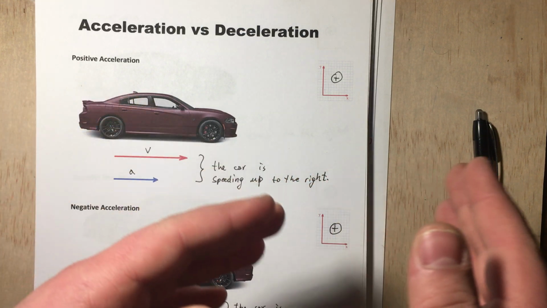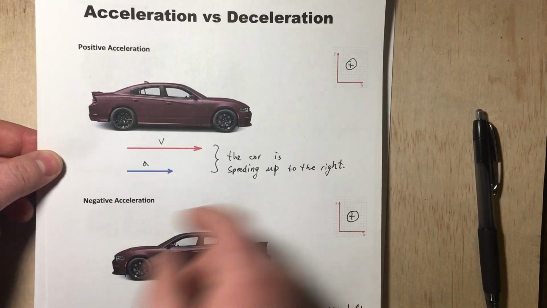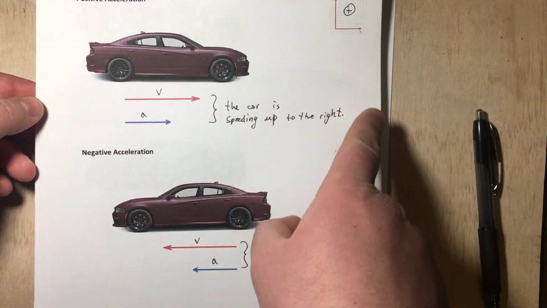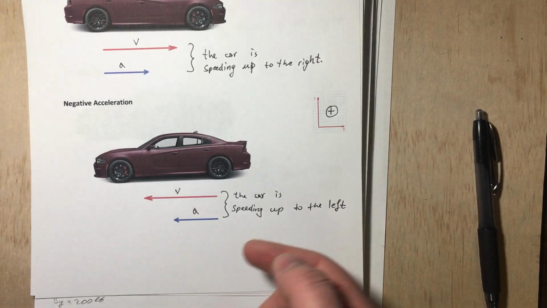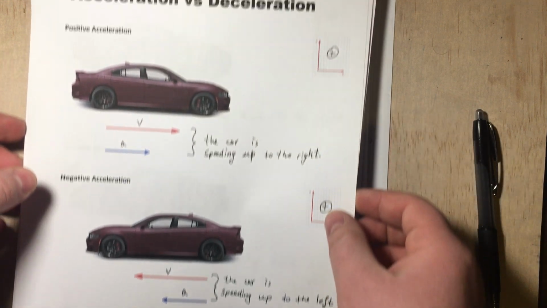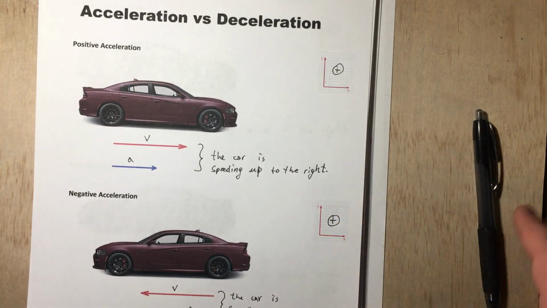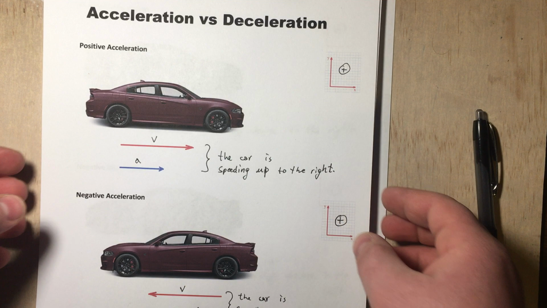Depending on whether it's going to the right or to the left, we're going to look at the direction of those vectors. So in this case, we had both of them pointing to the right, so it's speeding up to the right, and in the other case, we have both of them pointing to the left, so it's speeding up to the left. So again, very easy concept, but really, really important when it comes to drawing free body diagrams and other diagrams in order to visualize the problem that you might have in physics.